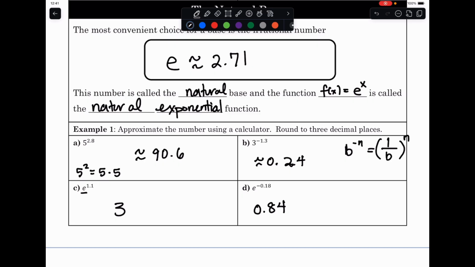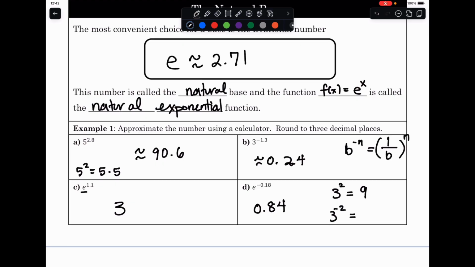So for example, 3 to the second power is 3 times 3, which is 9. 3 to the negative 2 power is simply going to give me the reciprocal of that answer. So if 3 to the positive second power is 9, then 3 to the negative second power is going to be 1 over 9 as a result.